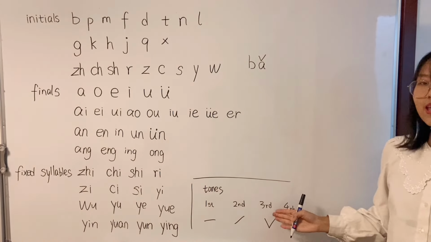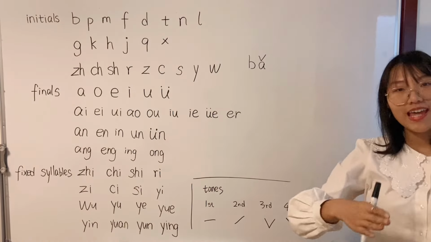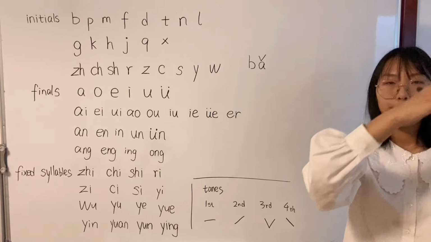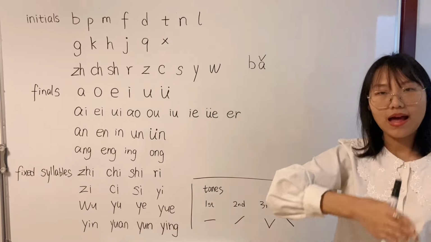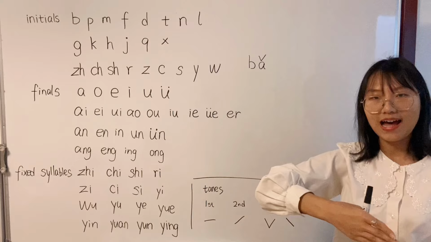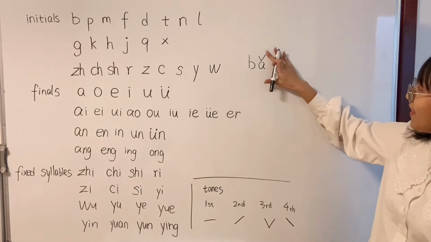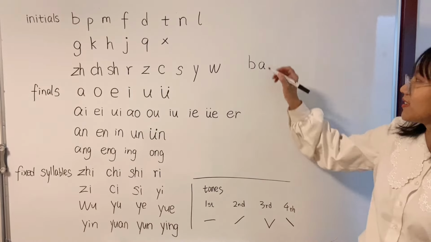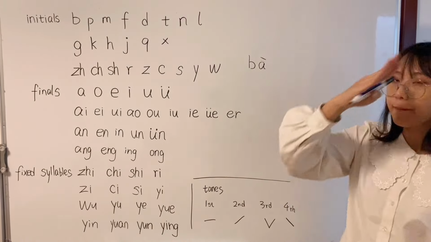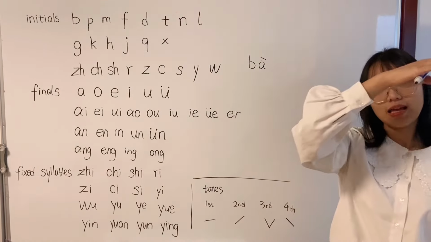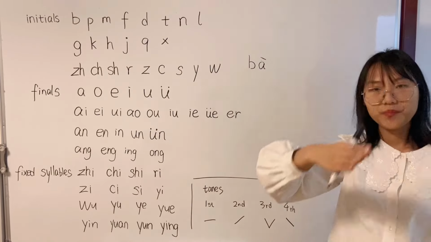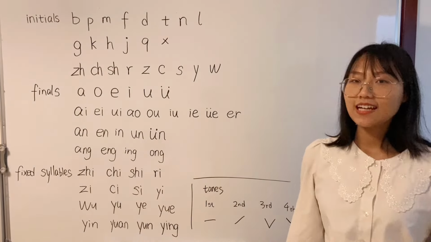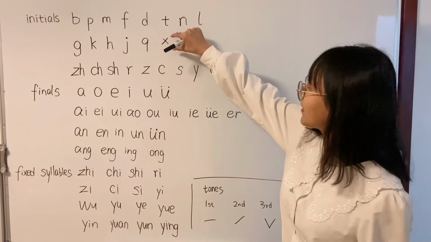The third one is a falling and rising tone. It's bǎ, bǎ, bǎ. And then the fourth one is a falling tone. We say bà, bà, bà.